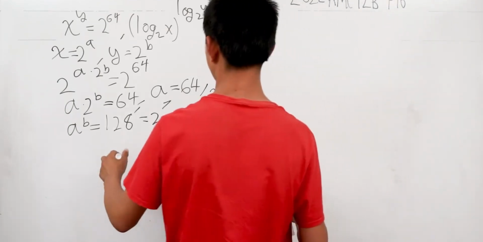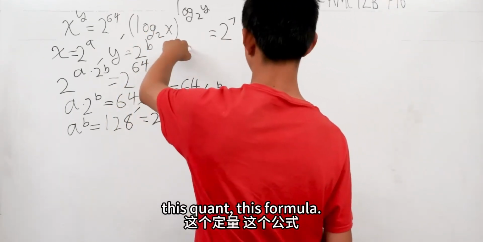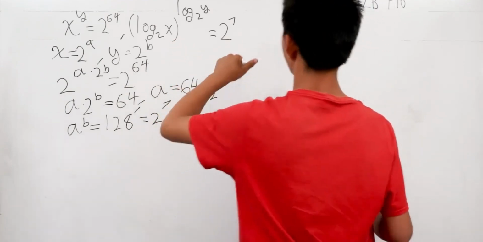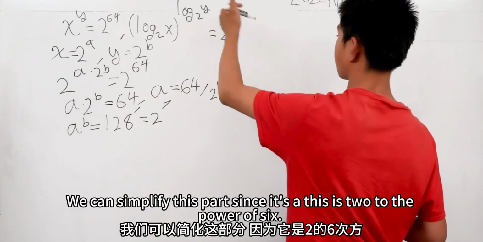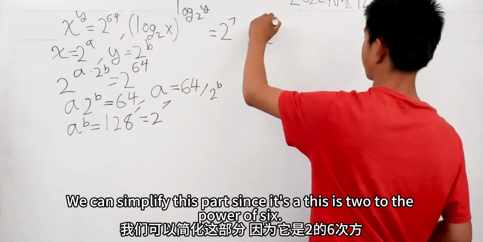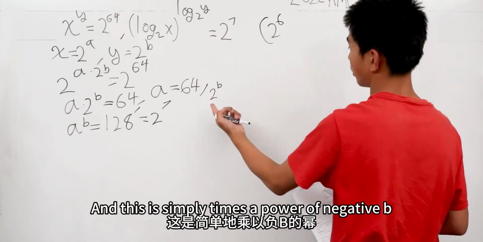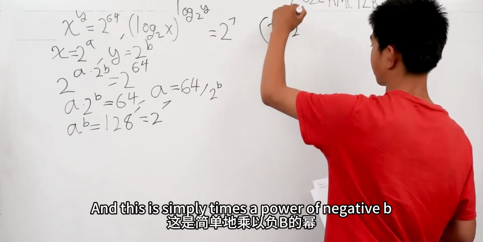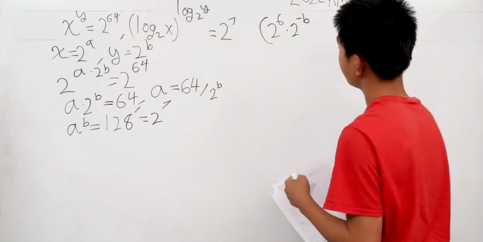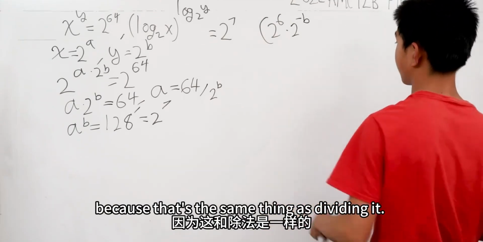we can simplify this part. This is 2 to the power of 6, that's 64. And this is simply times 2 to the power of negative b, because that's the same thing as dividing.